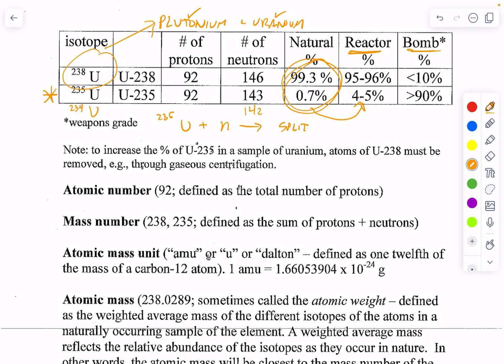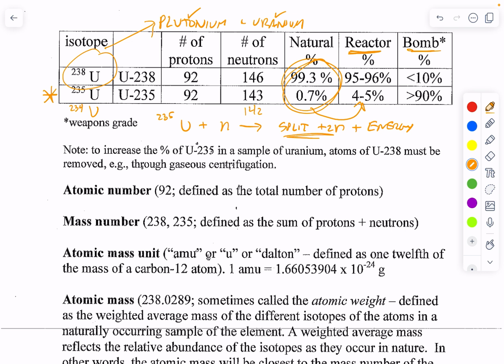And we're also going to get a few extra neutrons, 2 or 3 neutrons, which can keep the chain reaction going, and we're going to get a whole lot of energy. And we're going to talk more about what these daughter products of the splitting of uranium-235 are in the unit on nuclear chemistry later in the book.